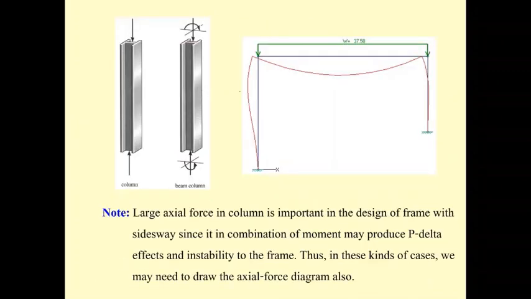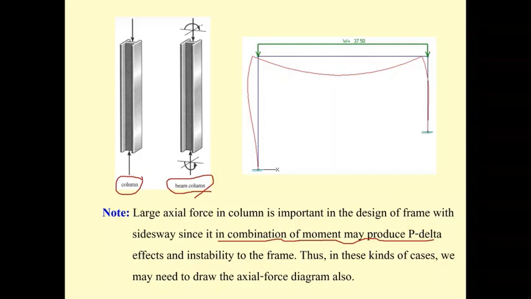Okay, by doing this, we go further. Most of the frame, let me know, the frame may have a column subjected to only axial load. That we call the column. And if the frame is subjected to both axial load and bending moment, we call this frame a beam column. Okay, it is important because the combination of moment and P may produce the P delta effects.